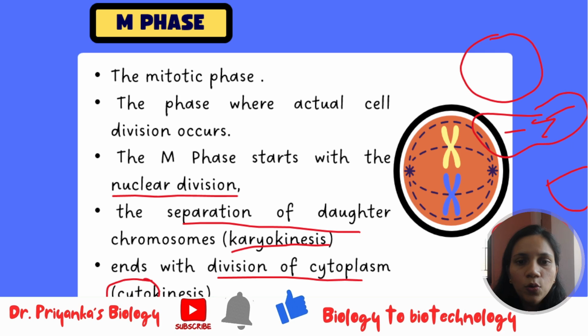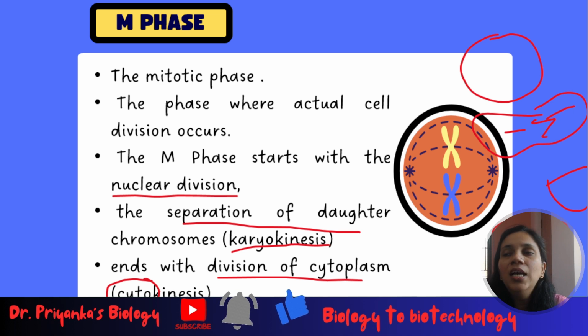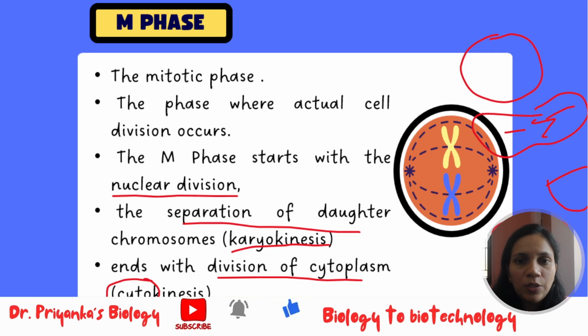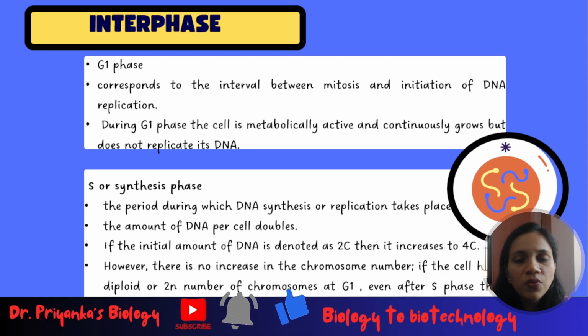So it is going to be nuclear division followed by karyokinesis, that is the separation of the daughter chromosomes, and cytokinesis, that is the division of the cytoplasm. So you have to remember this sequence. Again, you should not get confused between karyokinesis and cytokinesis. This is again important from your NEET point of view. Right? So we move on to the next part.